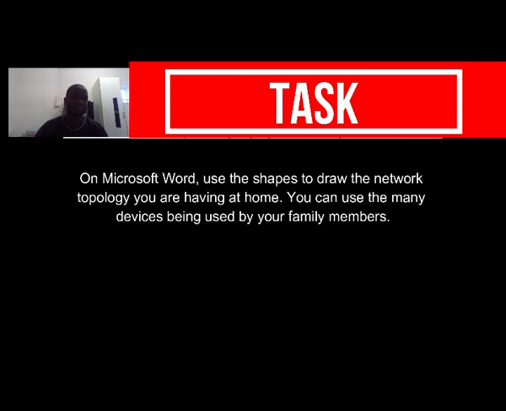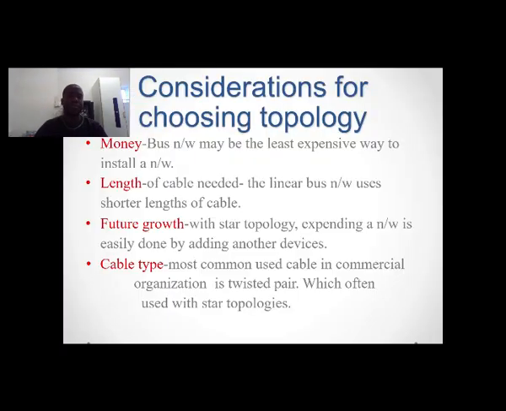But if you don't have Microsoft Word, you can draw it on paper, and then you take a picture and send it onto the system. I've talked about how to send work back into the system. So I want you to do this one. When we meet again next week, we will talk about equipment that is required to build networks. That will be all for now.